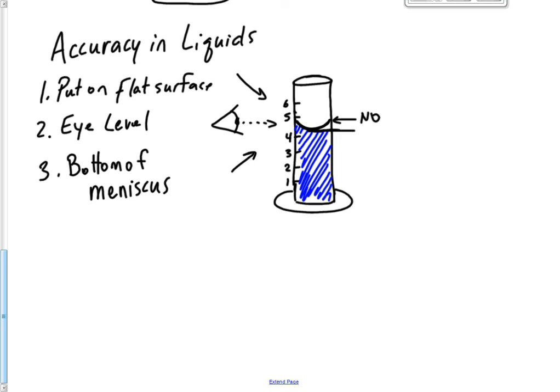And then, as an added step for any measurement, you are always going to estimate 1 decimal place beyond what you know.